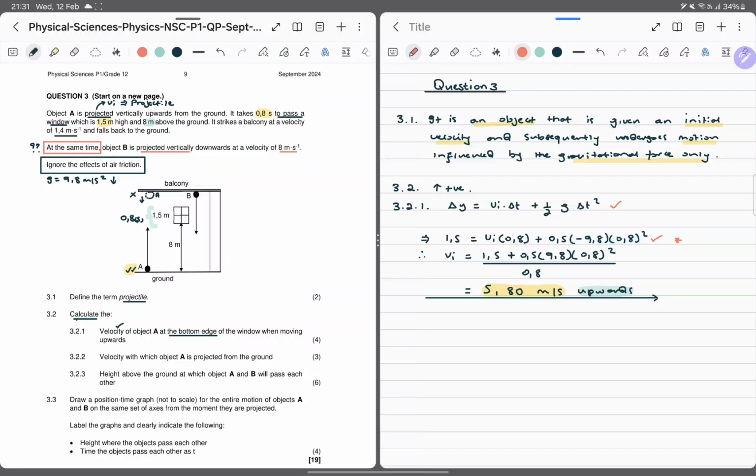If any one of the substitutions is incorrect, you go down. Say for example acceleration is substituted as a positive answer, you lose that mark, because what did we say? We stipulated that our choice of direction is that upward is positive. So stick to your choice. Some people have a tendency to chop and change direction, which is really bad, because it makes the person who's marking you also get lost, because they never know when you are right and wrong, because you're not clear as to what you are doing.